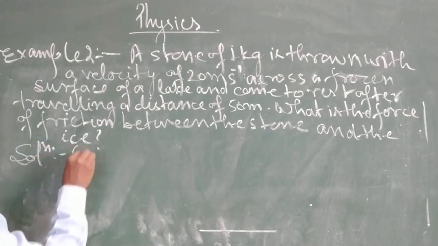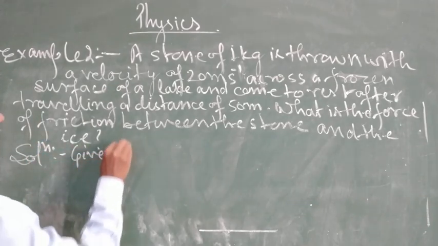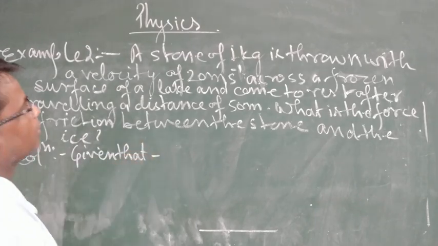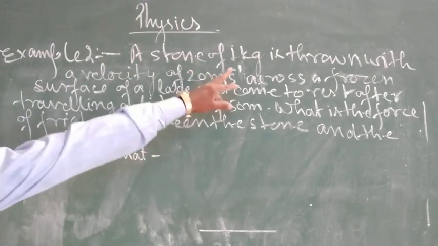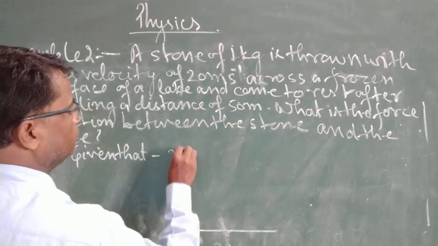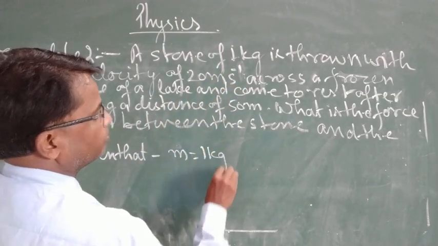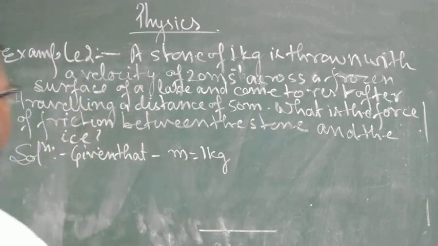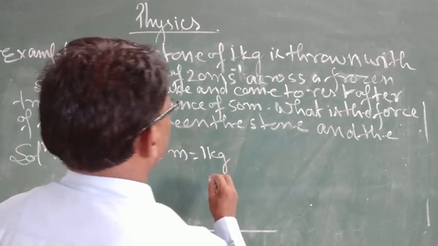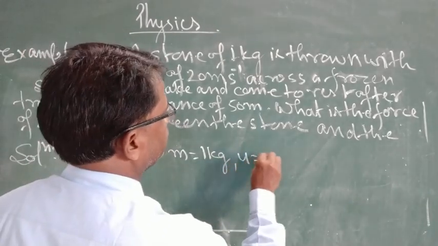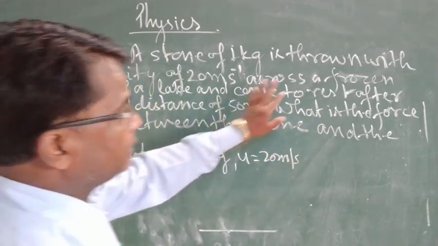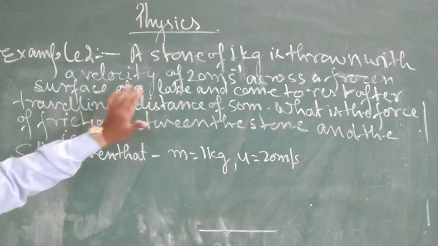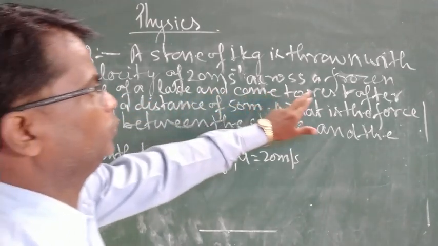Given that, what information is given? A stone of mass 1 kilogram, m is equal to 1 kilogram, is thrown with a velocity, meaning u is equal to 20 meter per second, across the frozen surface of a lake and comes to rest.